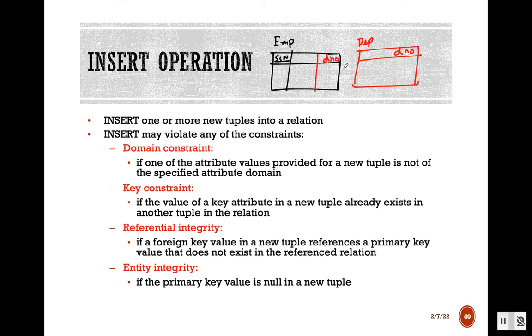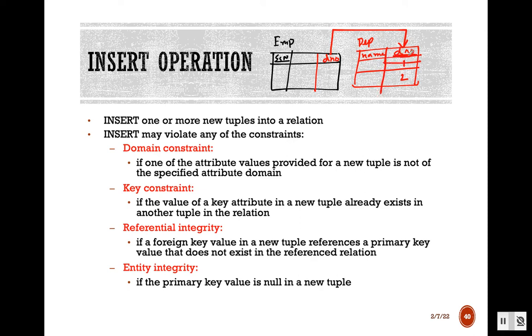So each employee works in a particular department. Department has DNO, meaning department number, which is the primary key. And you can see that this one is actually the foreign key referencing the DNO of the department table. So let's say we have departments 1 and 2, and it has a name.